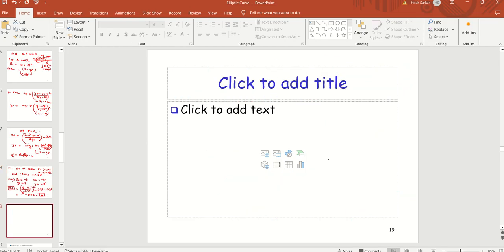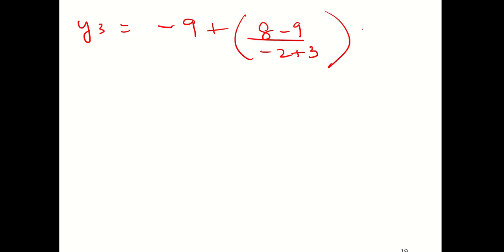Now moving on, what we need to find out is y3. y3 is minus 9 plus (8 minus 9) by (minus 2 plus 3), then times (x1 minus x3), so minus 3 minus 6.